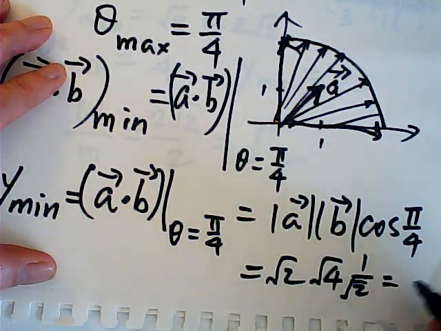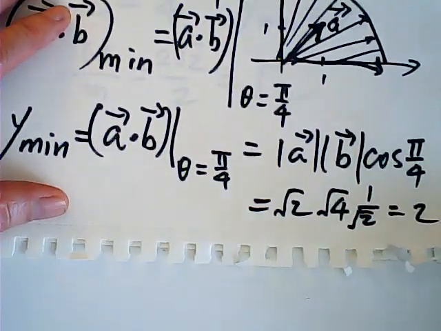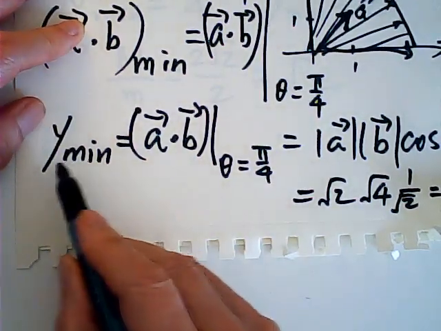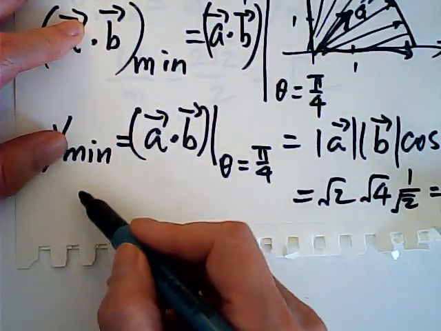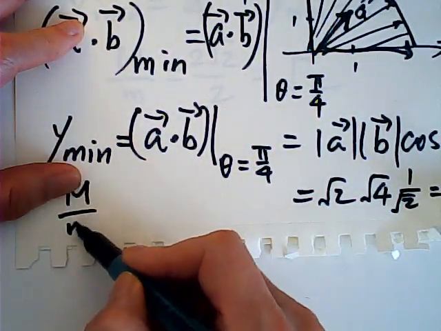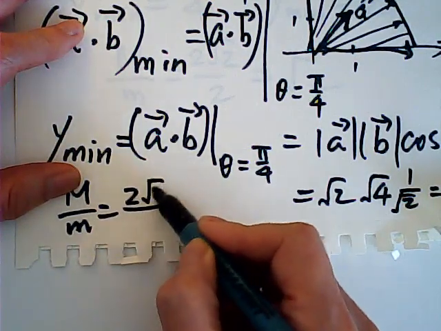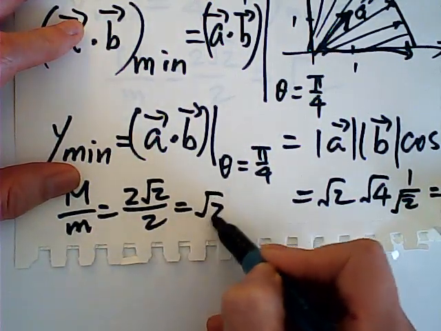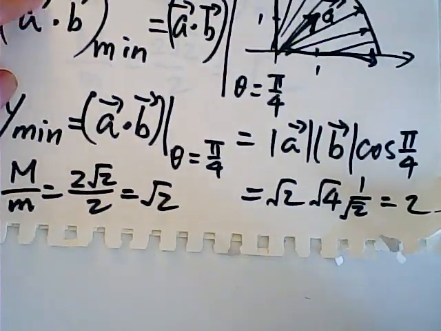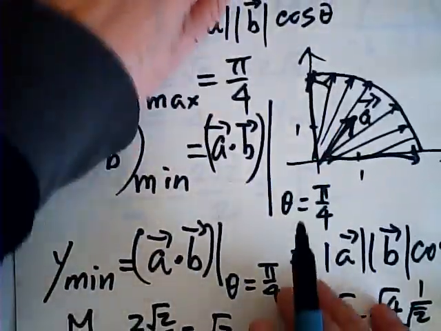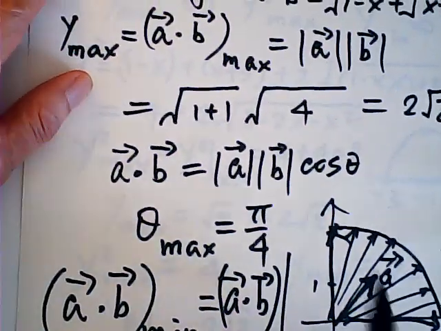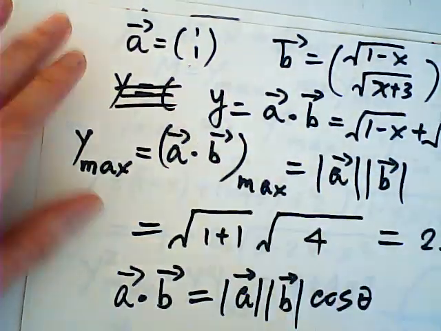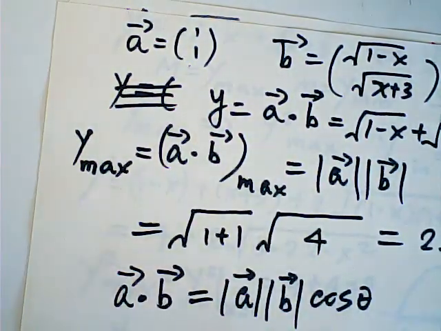So this becomes 2. In other words, y minimum is 2. Therefore, m over n is 2 root 2 over 2, which is root 2. That is the answer from the method using vectors.